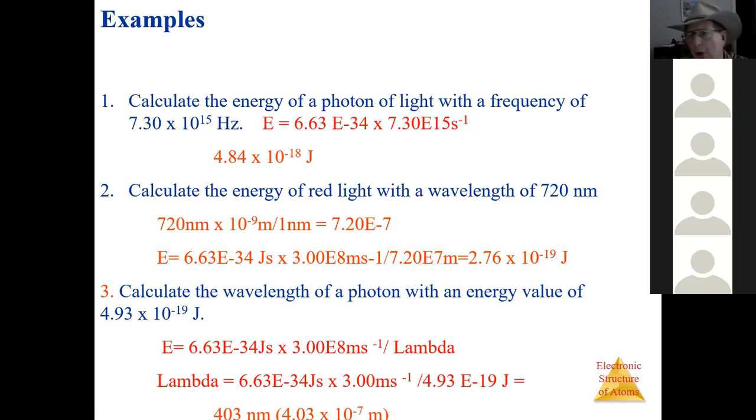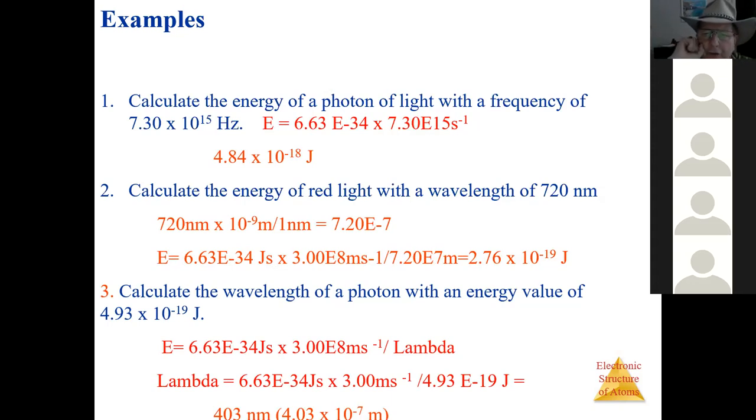We can also do the problems in reverse. If we know the energy, we can calculate the wavelength. Because energy is equal to hν, we can divide the energy by h.